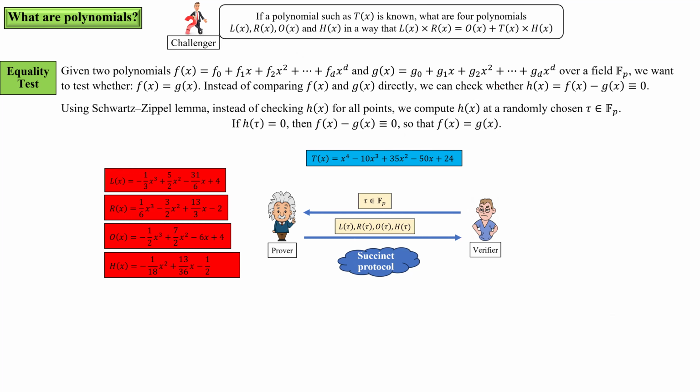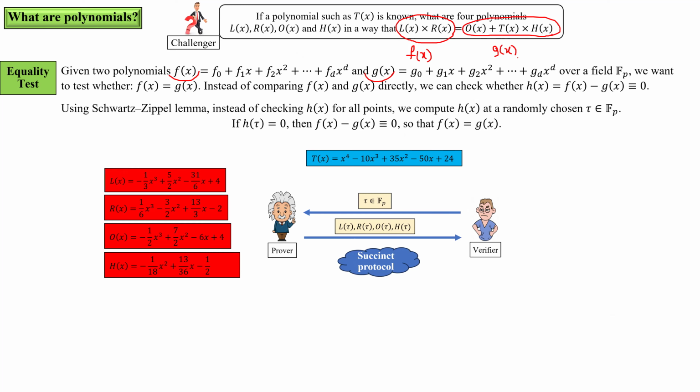So let's review the equality test again. The equality test says that if you have two polynomials like f of x and g of x, and you want to check whether they are equal to each other. Suppose that we consider this as f of x, and we consider this as g of x.